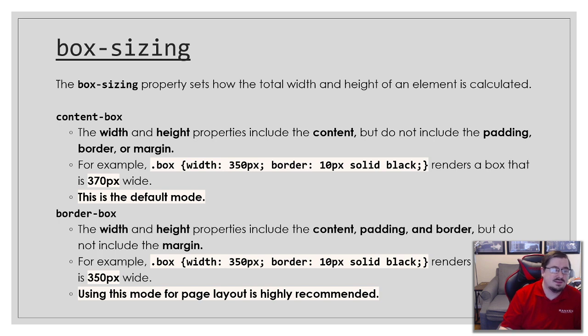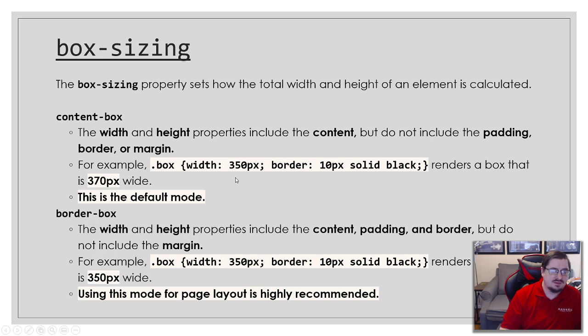So what that means is if I now have it set to box sizing border box, I can now say, well, the width of this element is 350. Let's give it a 10 pixel border again. Well, this time that 10 pixel border is part of the width. So in this case, the element actually is 350 pixels wide, as we would expect, right?